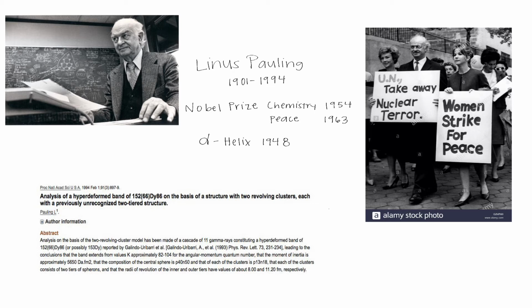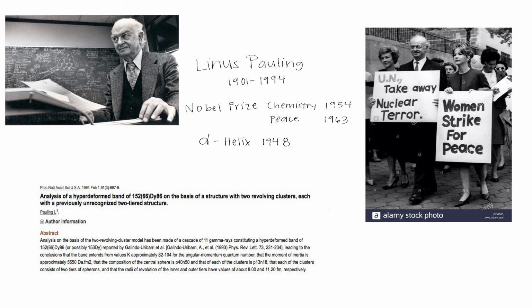of those bonds and published very important papers on that. And he won a Nobel Prize in 1954 for his study of the chemical bond. Interestingly, he also won another Nobel Prize. He won a Nobel Peace Prize.